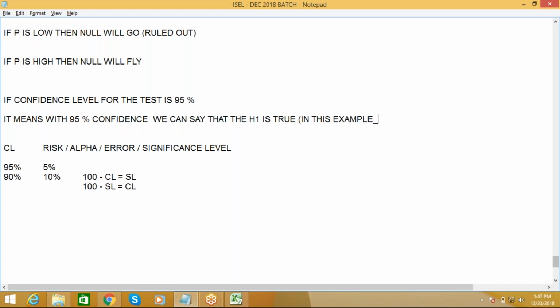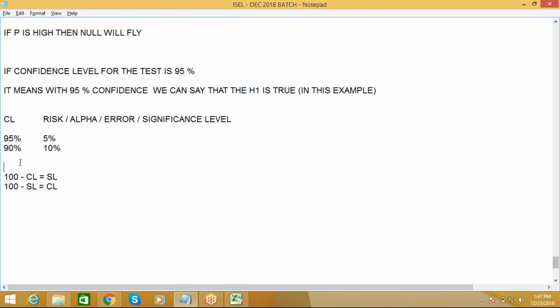Correct? I've just given the table. The formula is here. And we know that when one increases, the other one decreases.